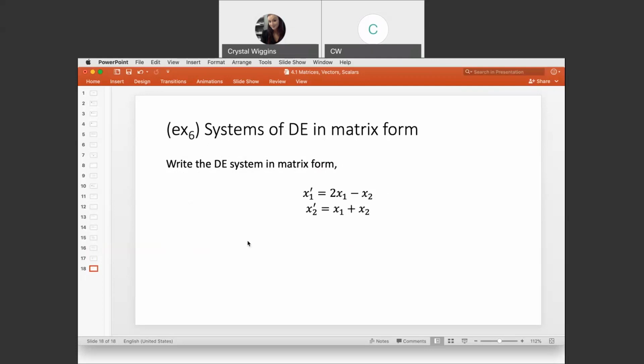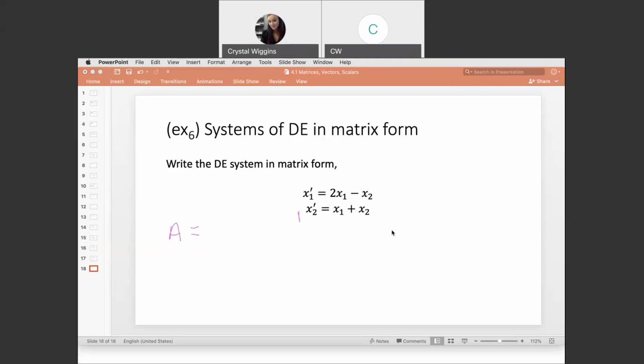So if we were to write this differential equation system in matrix form, let's do that together. Okay, so taking a look at this, we first want to build the coefficient matrix. So again, oh, that's the other side of the equal sign.